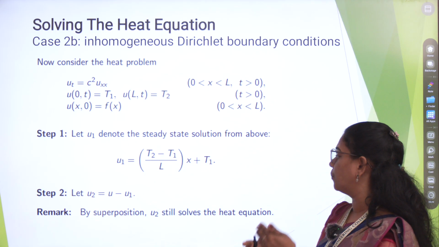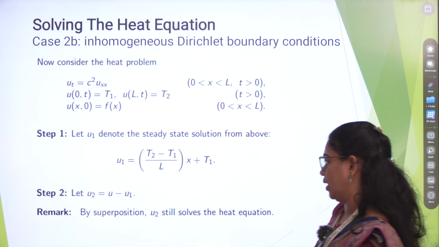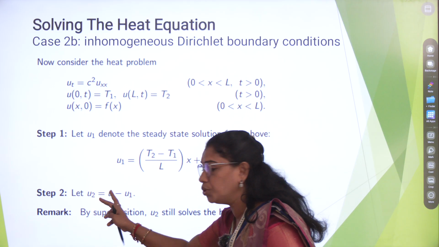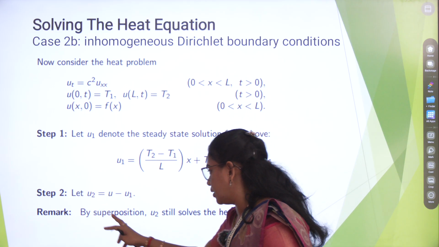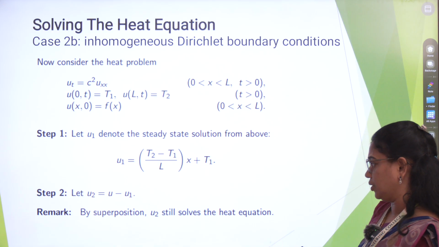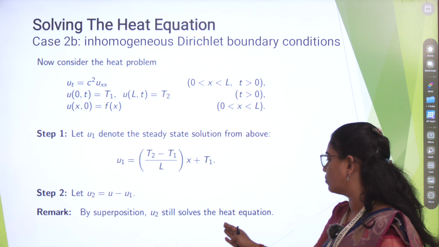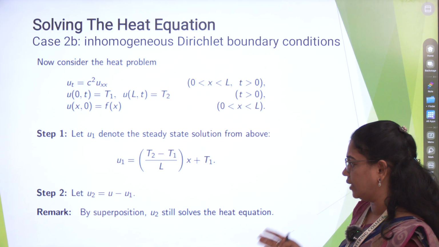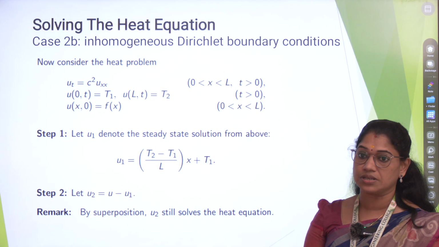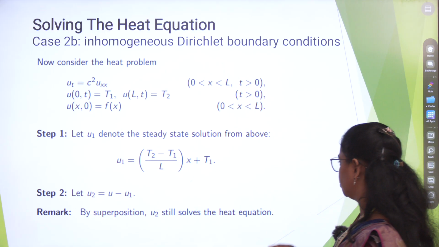So we subtract u1 from u. Remark: by superposition, u2 still solves the heat equation. Finally we get the heat equation solved with the condition u2.